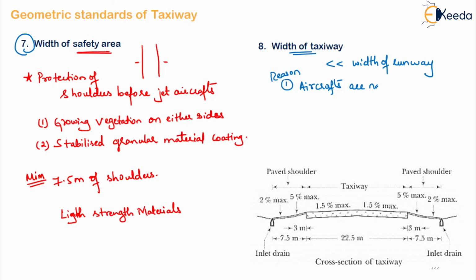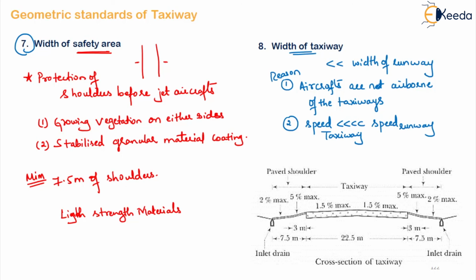So aircrafts are not airborne on the taxiways. And the second is that the speed with which the aircrafts will move on the taxiway is very less when compared to the speed which they move on the runway. So hence it will be possible for the pilot to stay in line easily on the small width of taxiway compared to that of the runway.